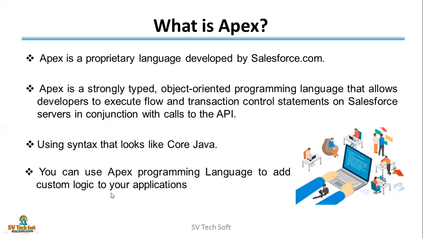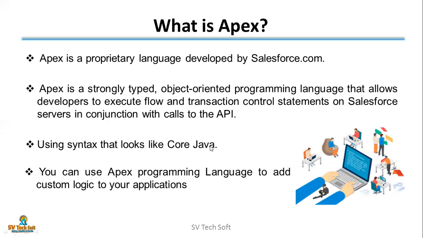If you take Java, there is a lot of sorting and a lot of performance operations. But don't worry. Apex looks similar to core Java, but it is simpler compared to other programming languages. There is no database connectivity or anything like that in Salesforce. It is a very simple and clean programming language.